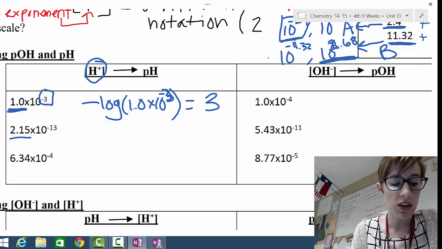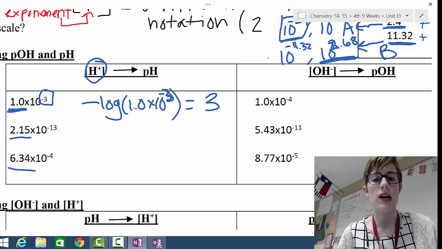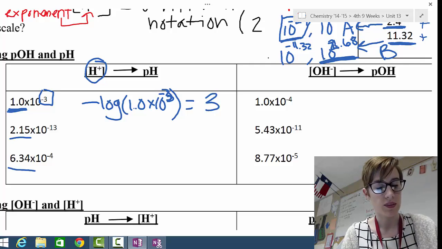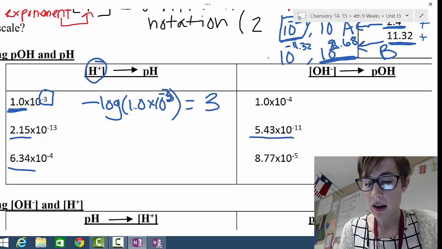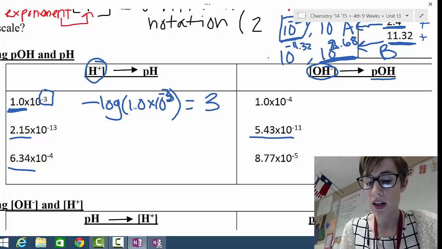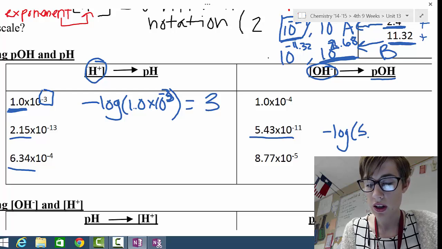If your number is anything other than 1.0, like these bottom two, then you actually have to plug it into the calculator, okay? Let's do this problem right here, to find pOH from an OH concentration. You just do negative log, and you put this number into your calculator, times 10 to the negative 11, close parentheses.